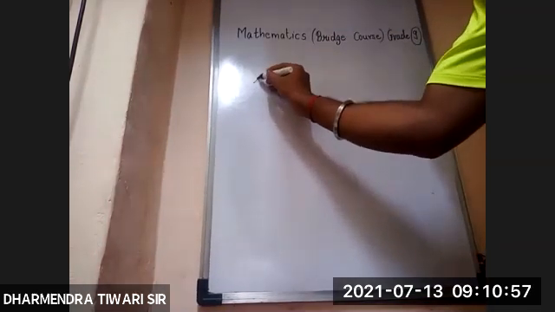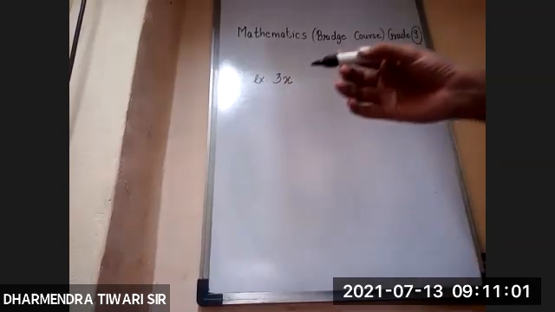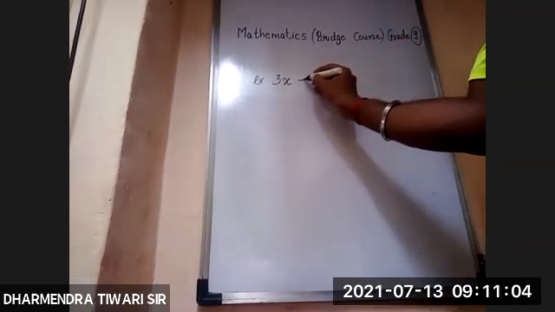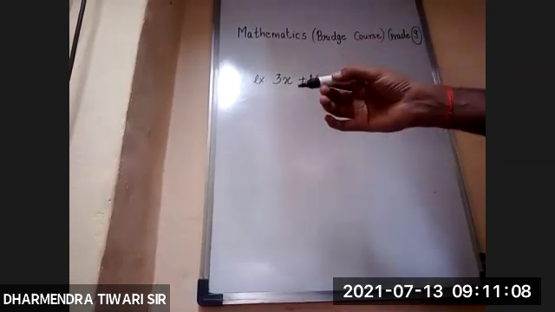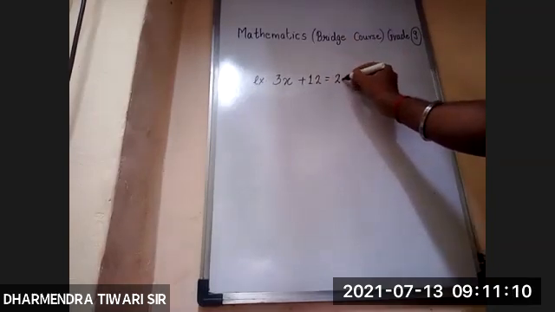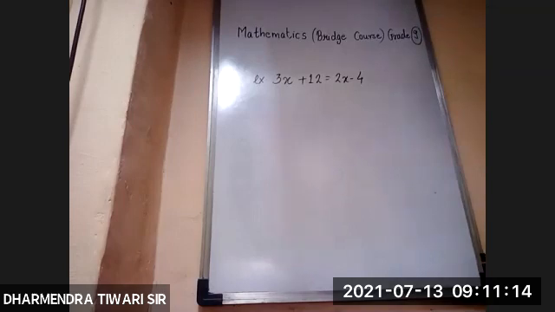It is 3x plus 12 is equal to 2x minus 4. Just think on this a bit. What should be done? What should be our first step?